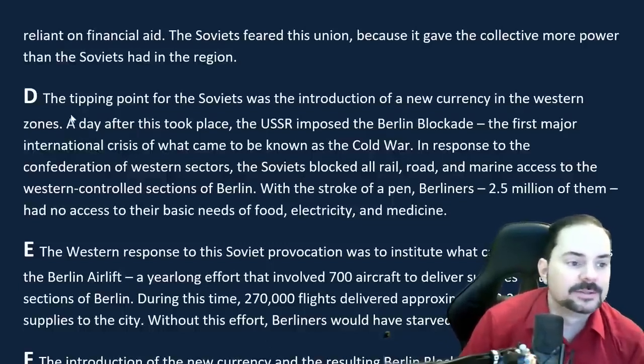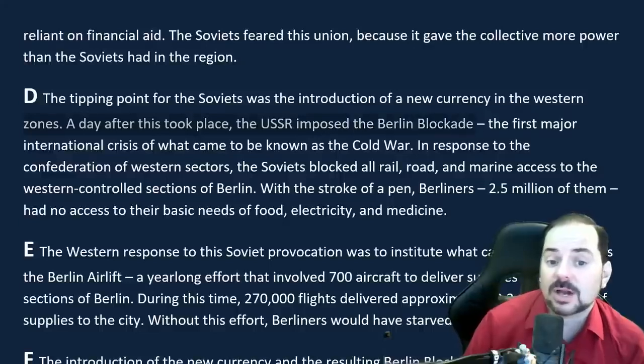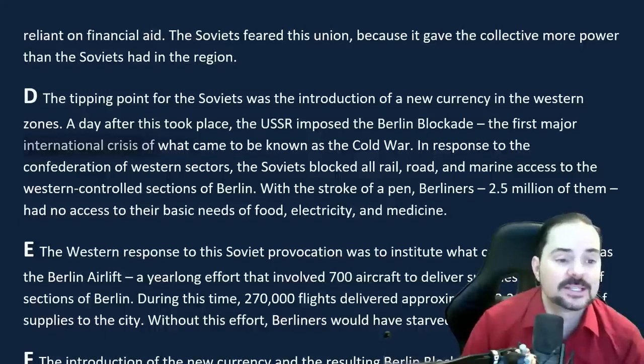Let's keep going. D. The tipping point for the Soviets was the introduction of a new currency in the Western zones. A day after this took place, the USSR imposed the Berlin Blockade, the first major international crisis of what came to be known as the Cold War.